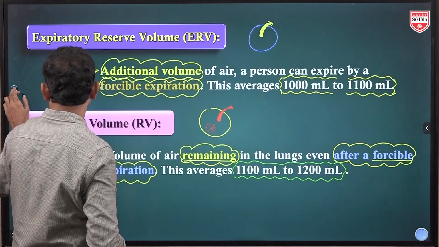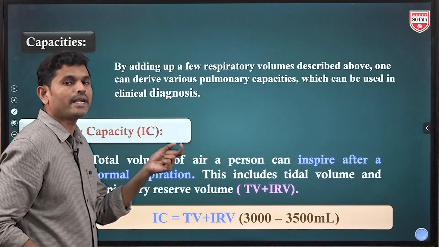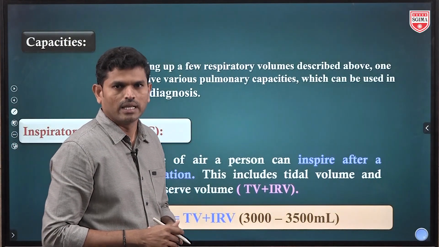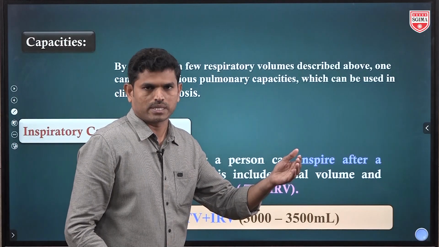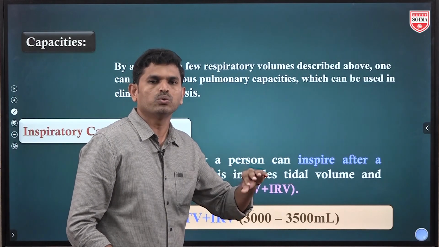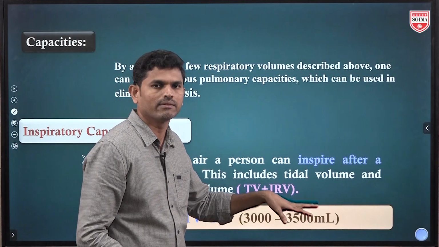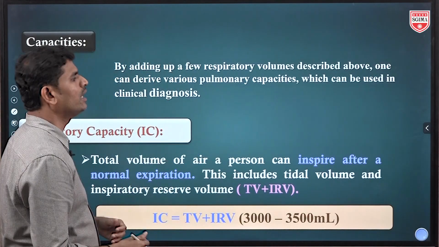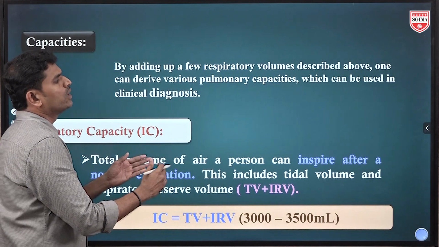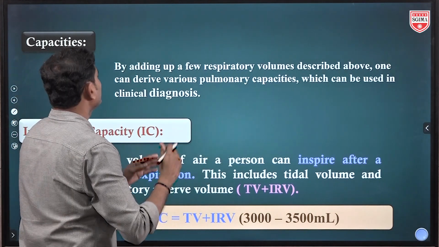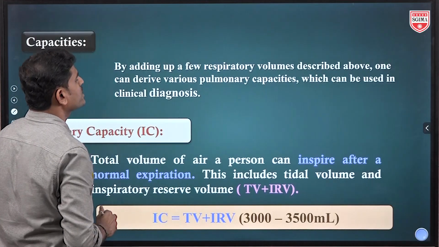So capacities are decided by volumes only. Two or more than 2 volumes will give rise to the capacities of lungs.